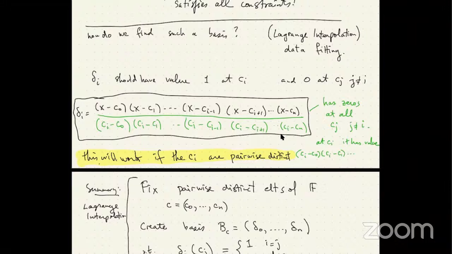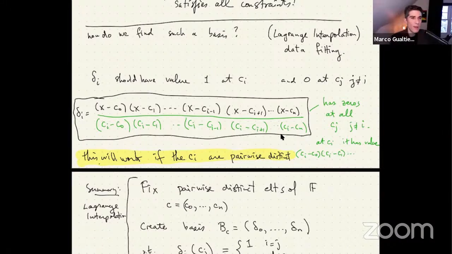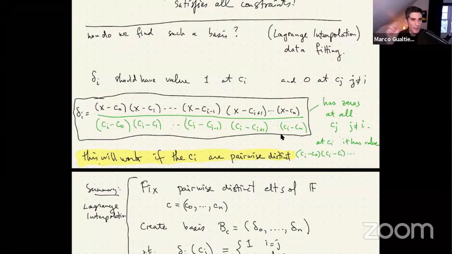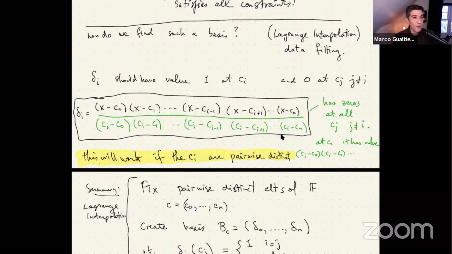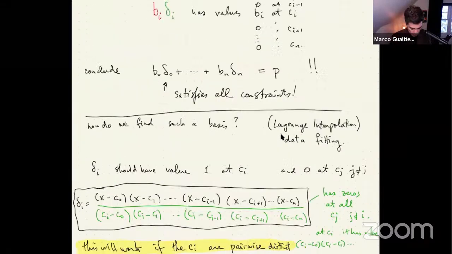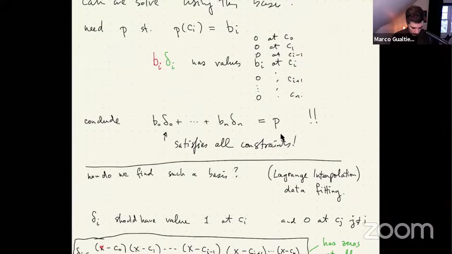Okay, but then the problem is that I ensured that I have zeros in the right place, but now I need something else. I need a normalization. I need to figure out what is the value of this thing at ci, and is the value equal to 1, or is it equal to some random number? Well, in order to figure that out, all you need to do is plug in the value ci.